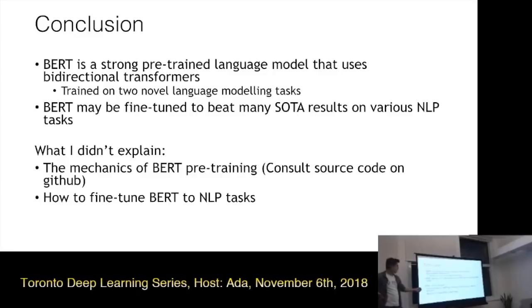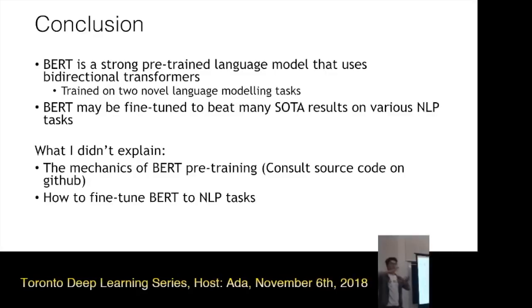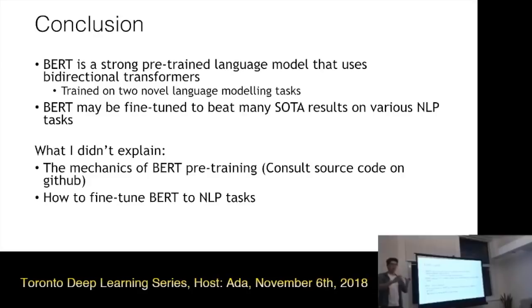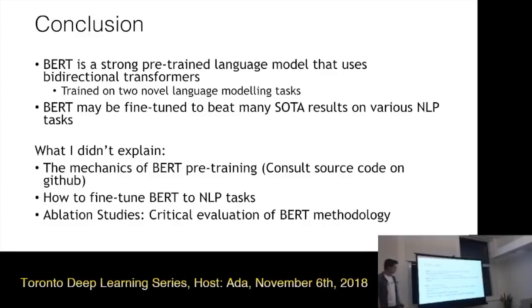How to fine-tune BERT to other NLP tasks. I talked about SQuAD, but there are at least 8 different NLP tasks in the GLUE benchmark, and they have their own fine-tunings. And finally, evaluation studies, which Gordon mentioned in his discussion points, which are a critical evaluation of BERT's methodology.